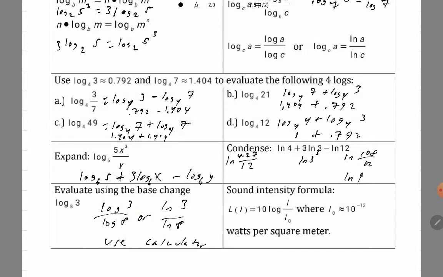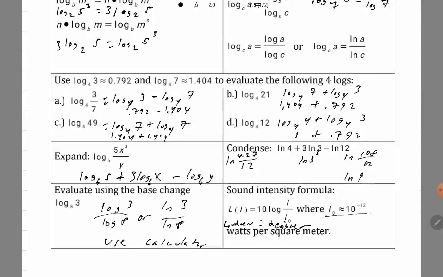And then we've got a physics problem where it's useful. The intensity formula. Loudness equals decibels. This is where the formula comes from.